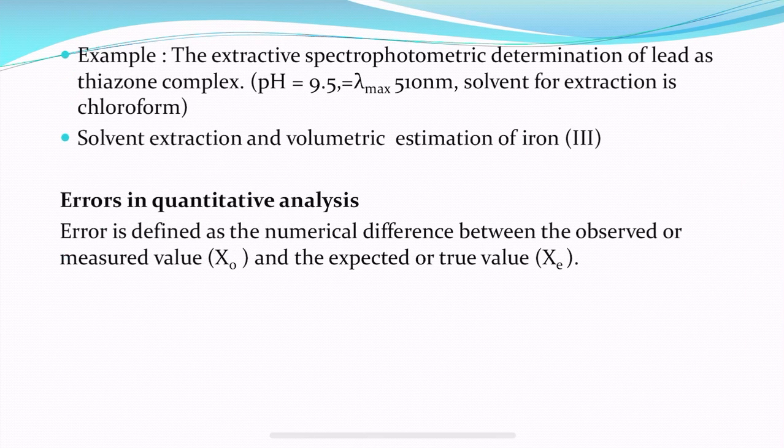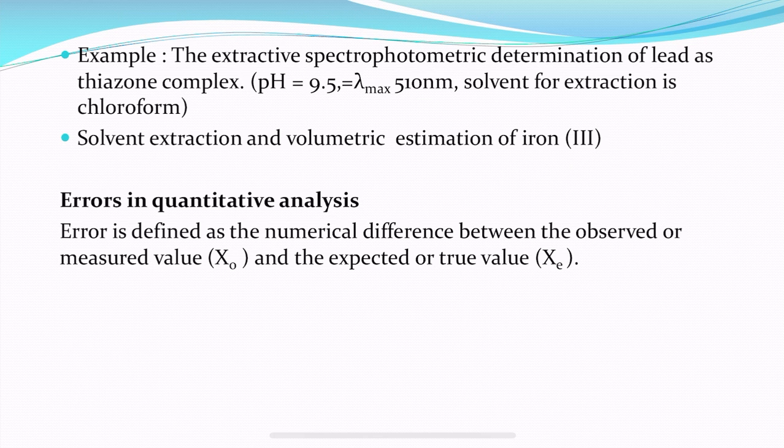solvent extraction and volumetric estimation of iron 3. Okay. So, the estimation of iron 3 can also be achieved by solvent extraction. Iron 3 can be separated from most of the mono and divalent cations by extracting it from 6 molar hydrochloric acid into diethyl ether.